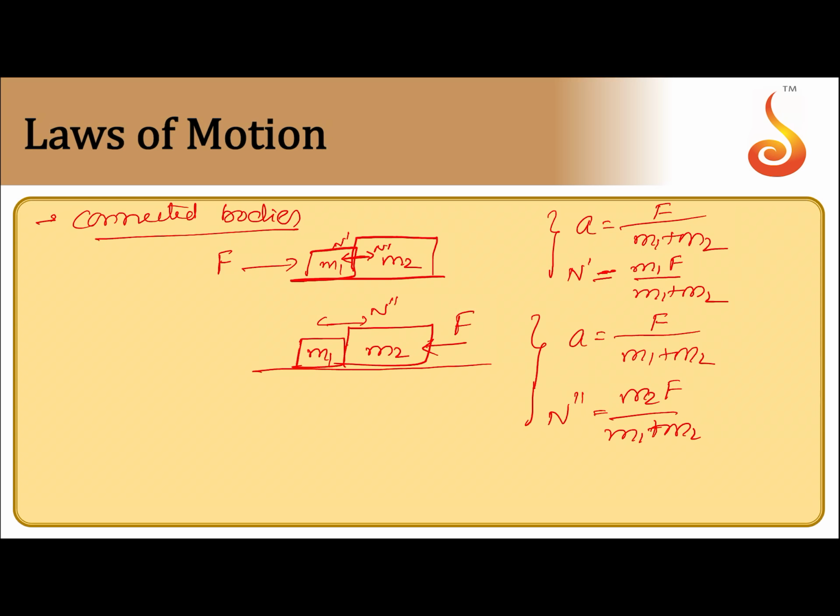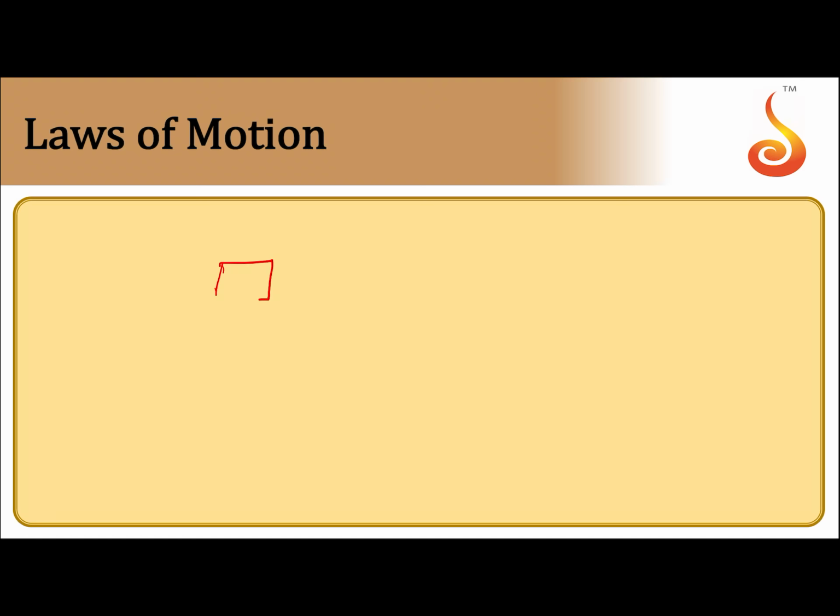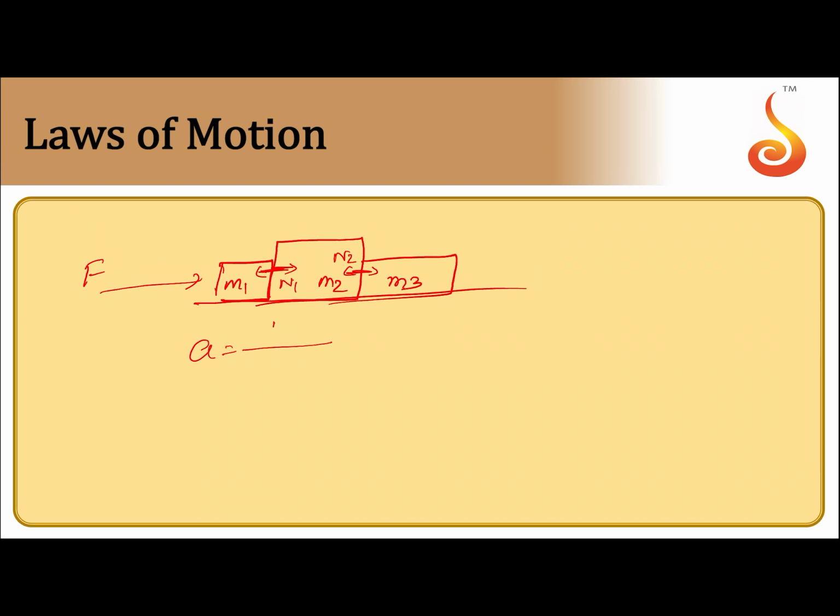Suppose you consider the case of three blocks, block 1, block 2 and say block 3. Their masses are m1, m2 and m3. And I am applying a force F here. And the force between these two is say N1. The force between these two is N2. Then the results are here. Acceleration is F divided by m1 plus m2 plus m3 as expected.